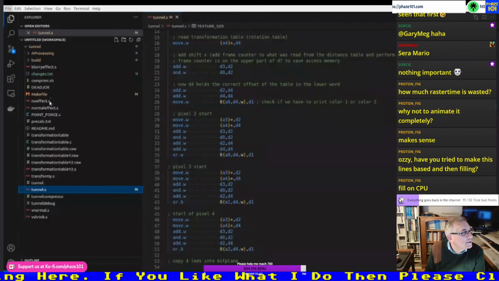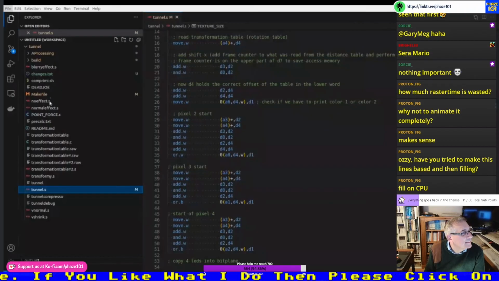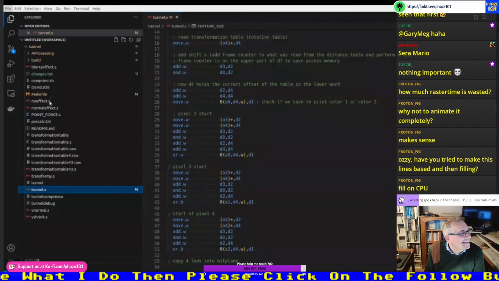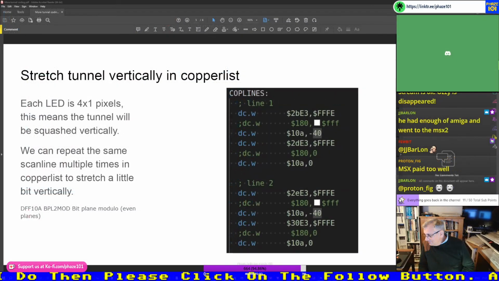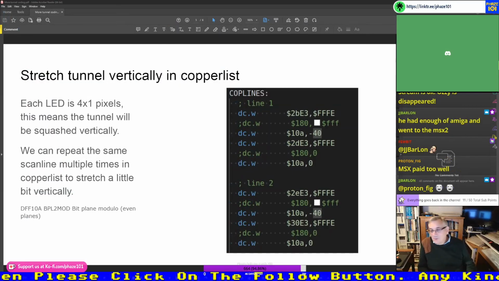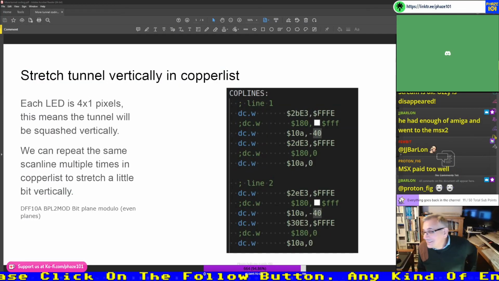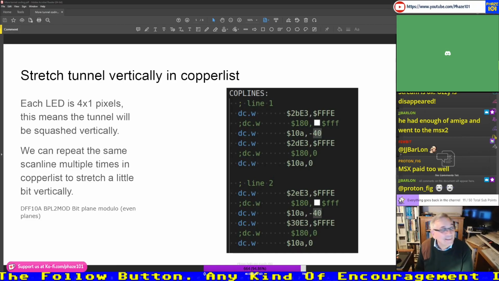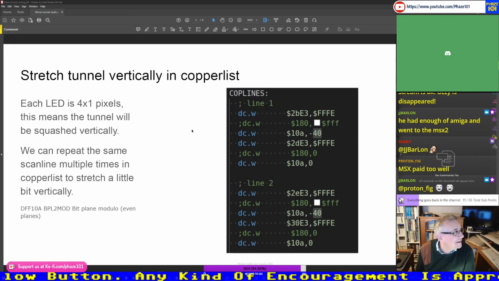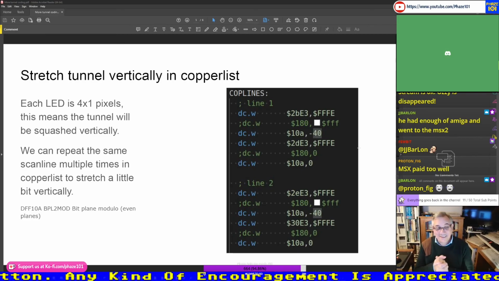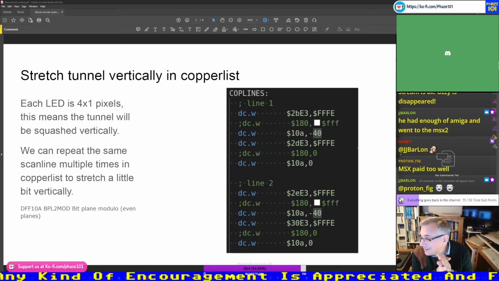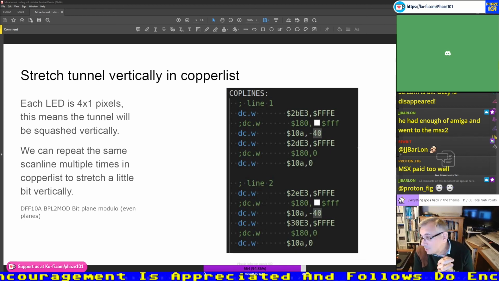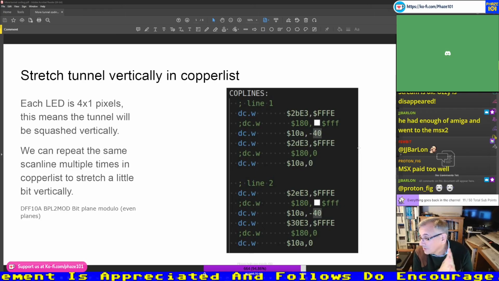Oh, Ozzy, you still there? Oh, we lost Ozzy. Ah, funny enough, he lost electricity. It's a total blackout. Okay. So, guys, I think this is where we'll have to end and continue next week. He wanted to show the code.